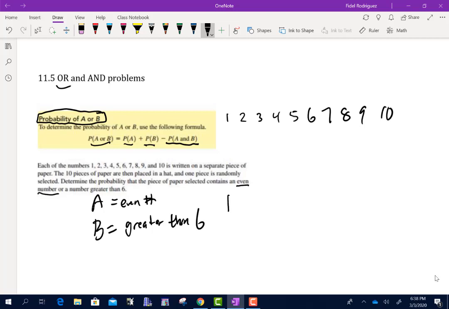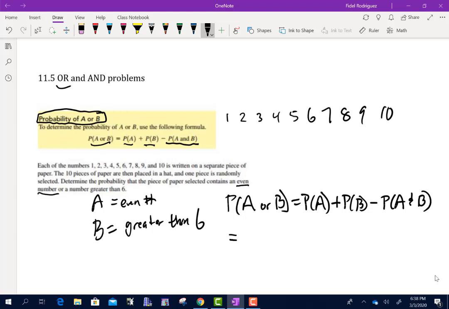So the probability of A or B is equal to the probability of A plus the probability of B minus the probability of A and B. Let's see if we can figure out the first part, the probability of getting an even number.